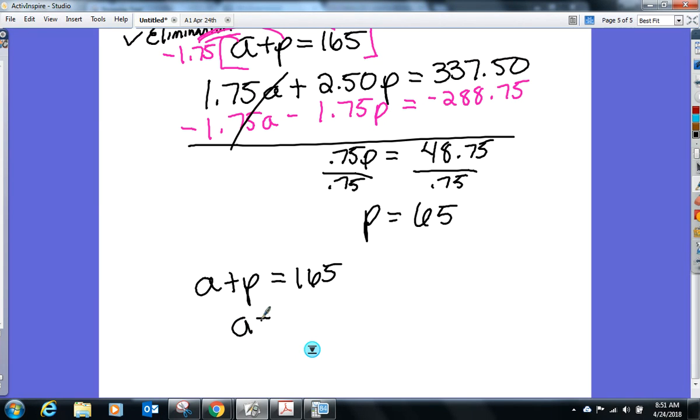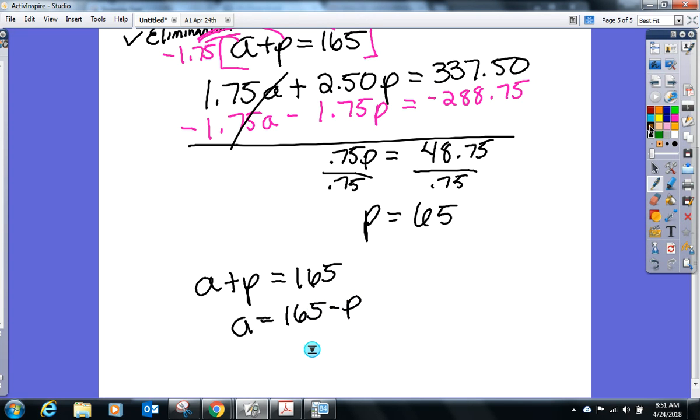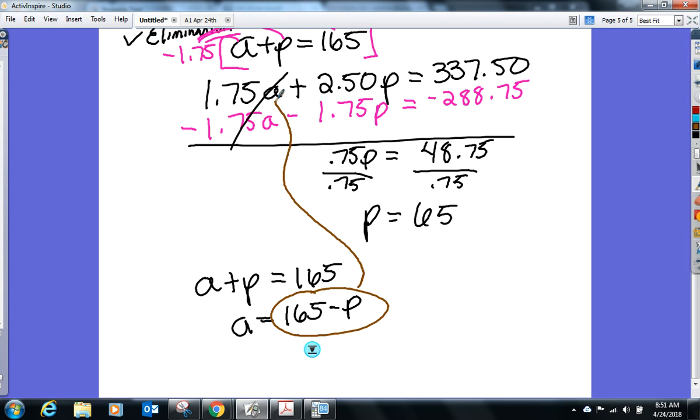Subtract it, so A equals what? 165 minus P. Here comes your substitution. Take this, plug it in for A in the second equation, distribute the 1.75 and solve it. That's how you do substitution: get one of the variables by itself and plug it back into the second equation. All right, I think that's good for now.